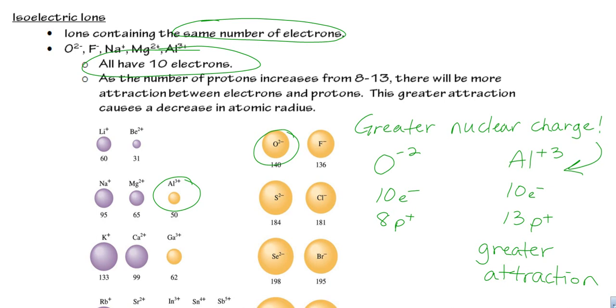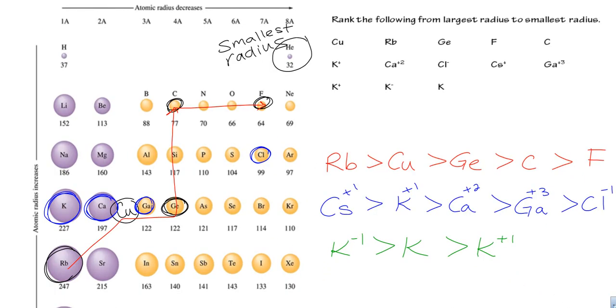Now, we had a group of ions in the last example, this cesium, potassium, gallium, and all that stuff. These are not isoelectric. They do not gain or lose electrons to form ions with the same amount of electrons. So in that case, we can just rank them by their position on the periodic table. It would be the same as if I were looking at just the neutral atoms.